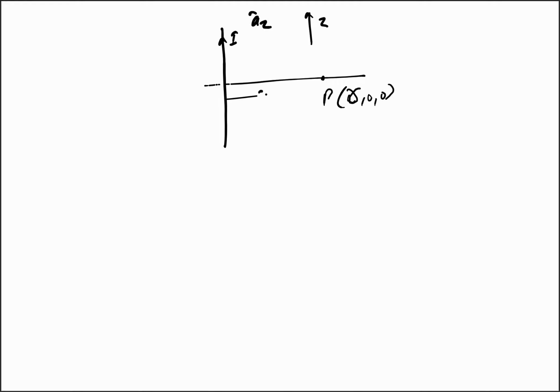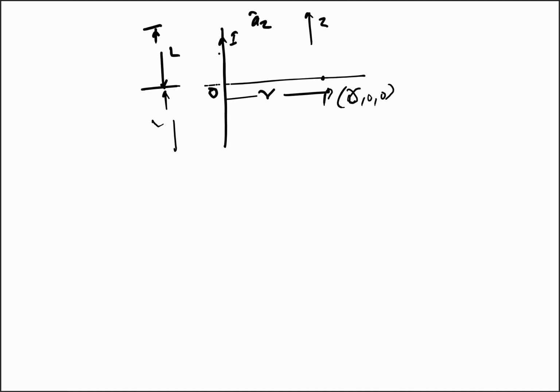This is the center, and the total length is 2L, so it will be L and L. We will solve in two ways. First we will find the magnetic vector potential, and then from that we will find the field. In another way we will directly use the Biot-Savart law for solving the field.